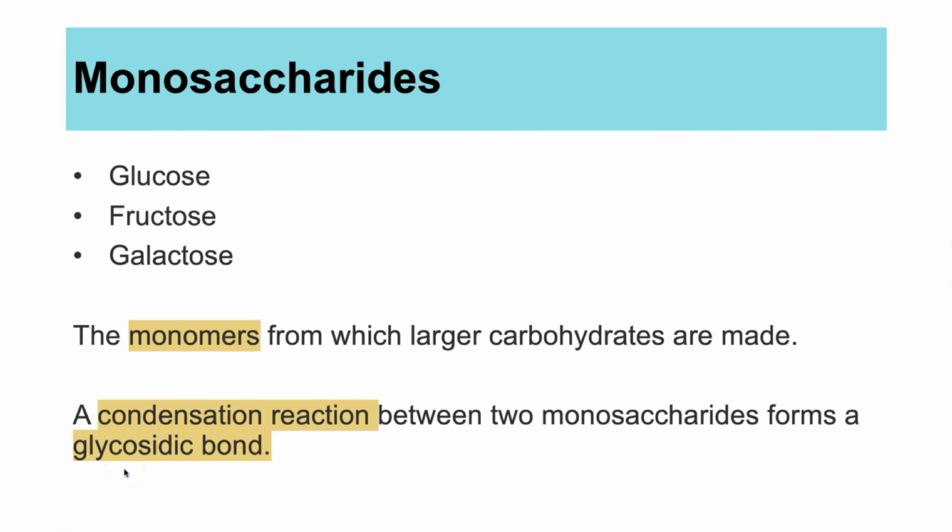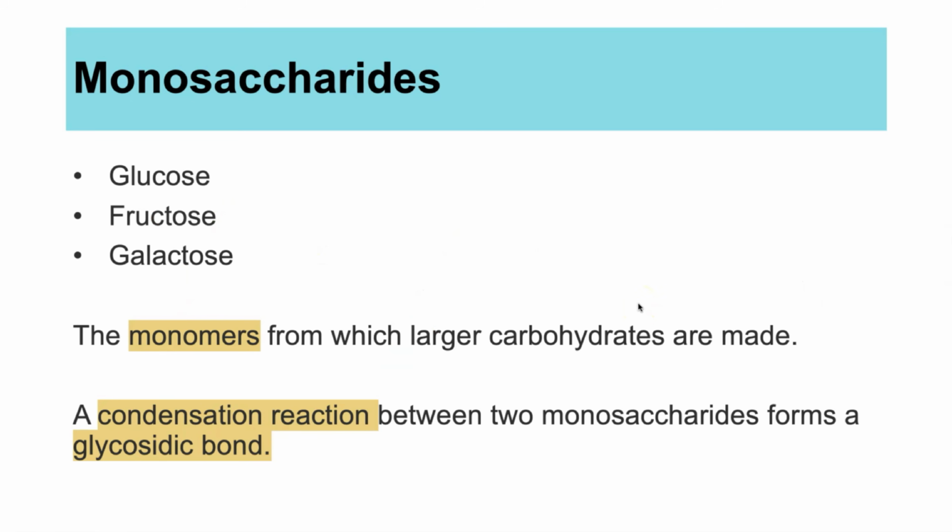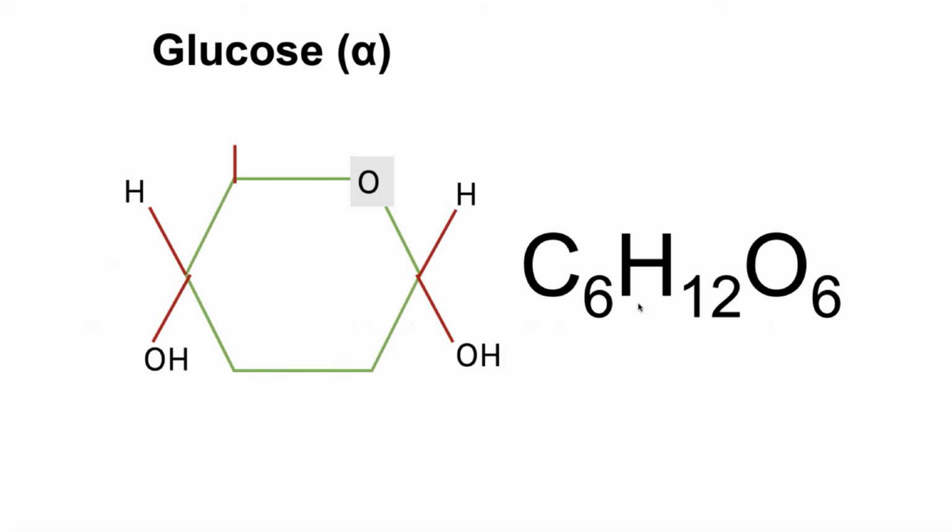So in carbohydrates, the bond that you need to learn for how you join multiple monosaccharides together is a glycosidic bond. Now you need to know the structure and the chemical formula for glucose. You don't need to know it for fructose and galactose, but you do need to know it for glucose.